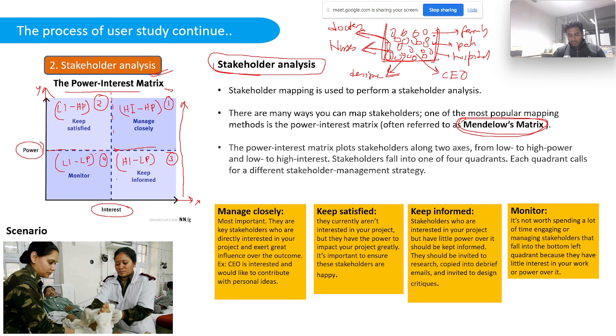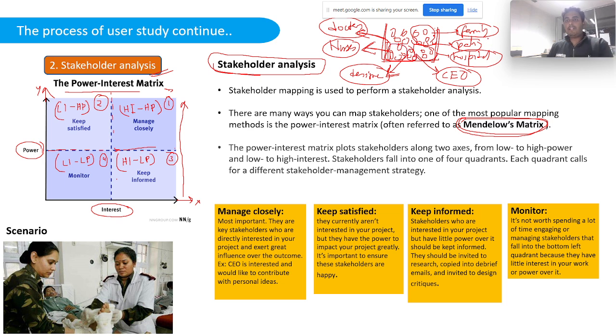Now what we need to do is first identify the whole set of stakeholders. These are the various stakeholders we have identified previously. Segmenting is a different thing, because segmenting means you have already segmented: these are the family people, these are the hospital authority, this is the CEO, these are the designers.